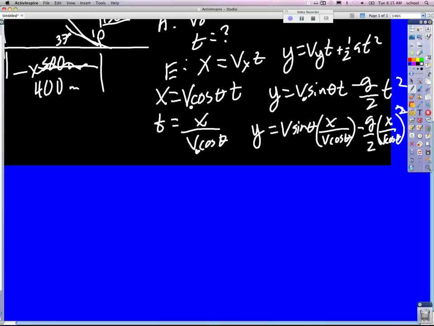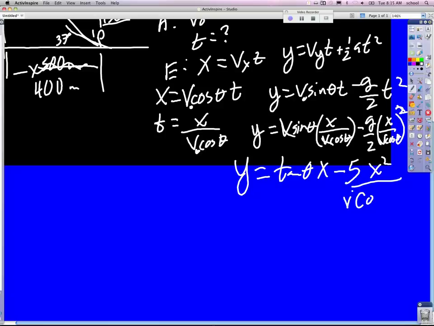So I can stick this here and divide, so I get something like v0 is equal to the square root of 5x squared over tan theta x minus y times cosine squared theta. And double check my algebra because I'm doing it in my head, so I'm doing multiple steps in one shot, so please double check that.